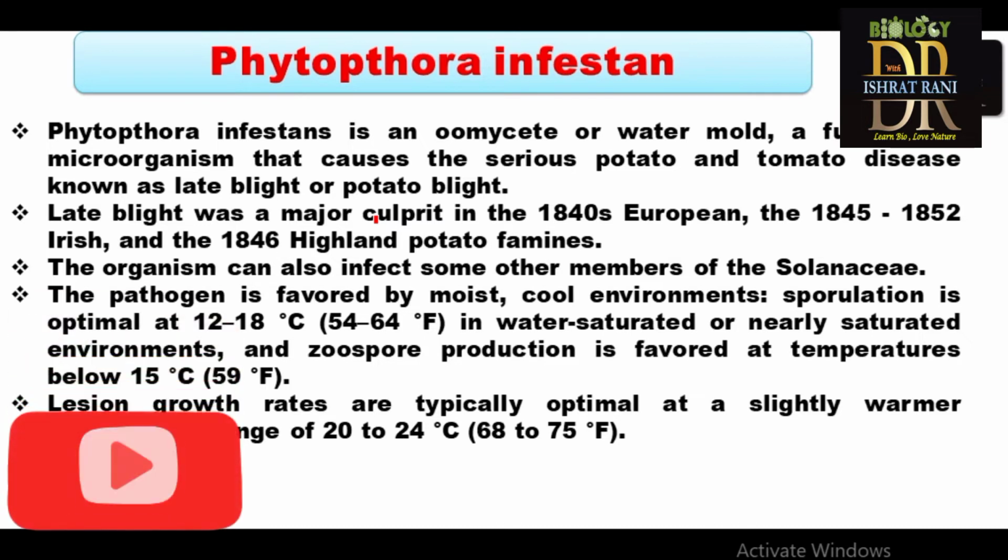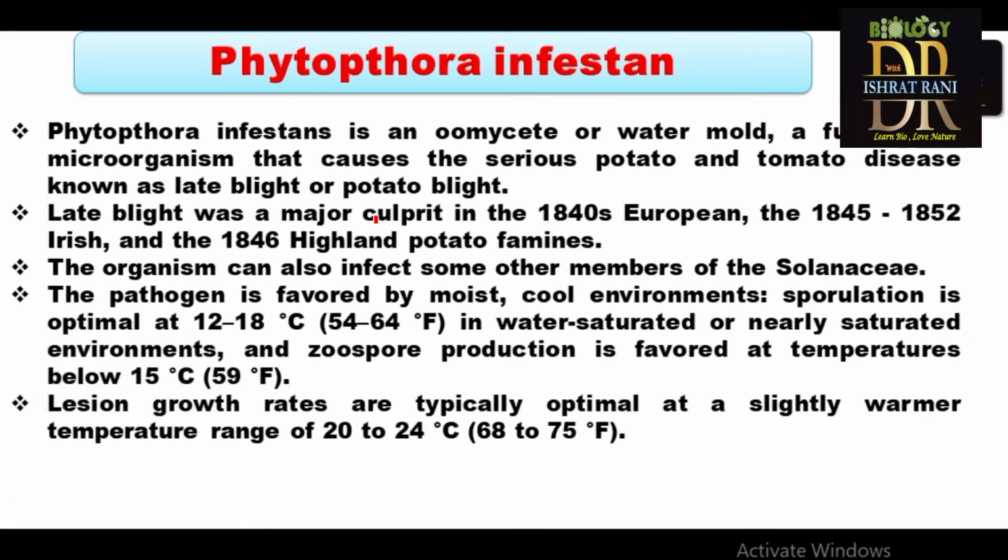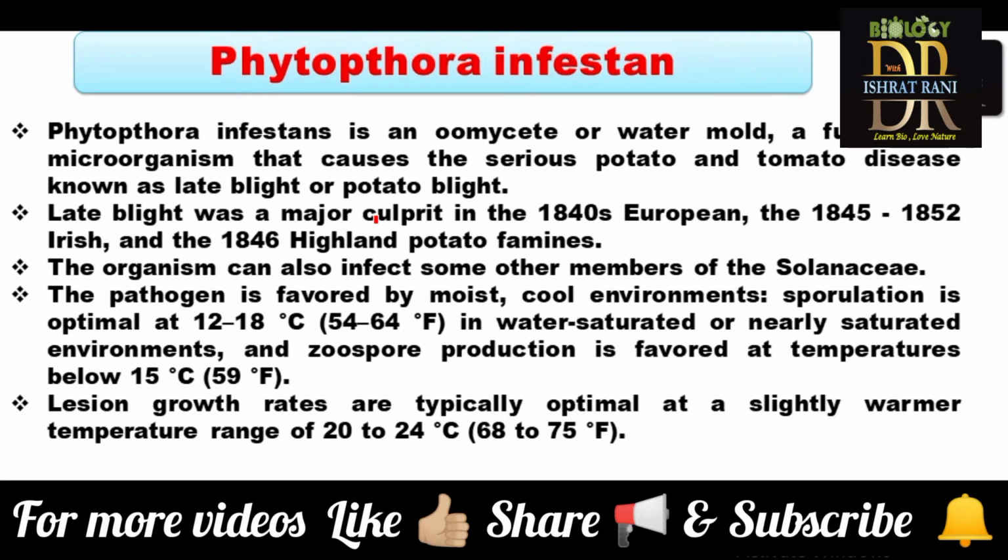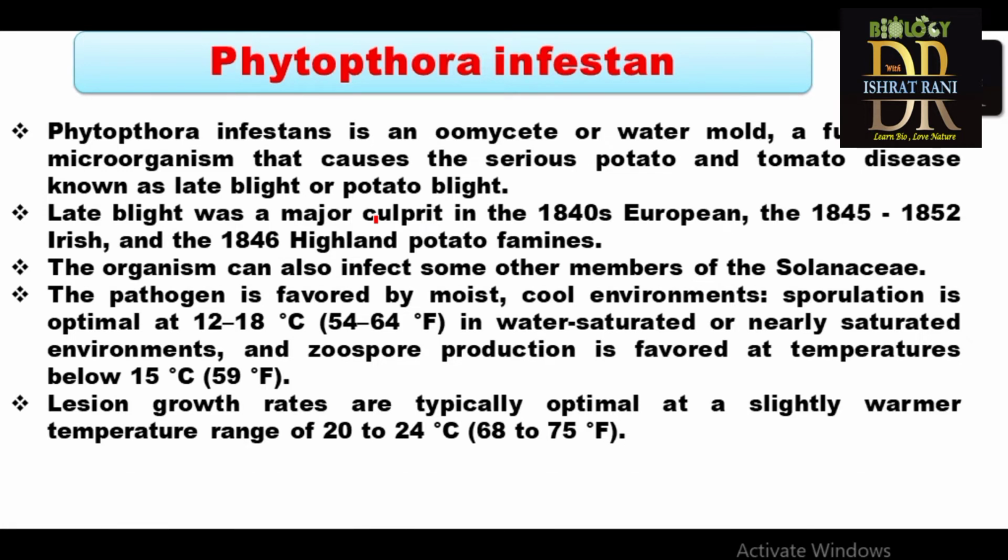As I have told you, this pathogen is favored by a moist and cool environment because it needs an optimal temperature of 12 to 18 degrees centigrade and a fully saturated environment for spore production, for zoospore production. Lesion growth rates are typically optimum at a slightly warmer temperature, which is 20 to 24 degrees centigrade.